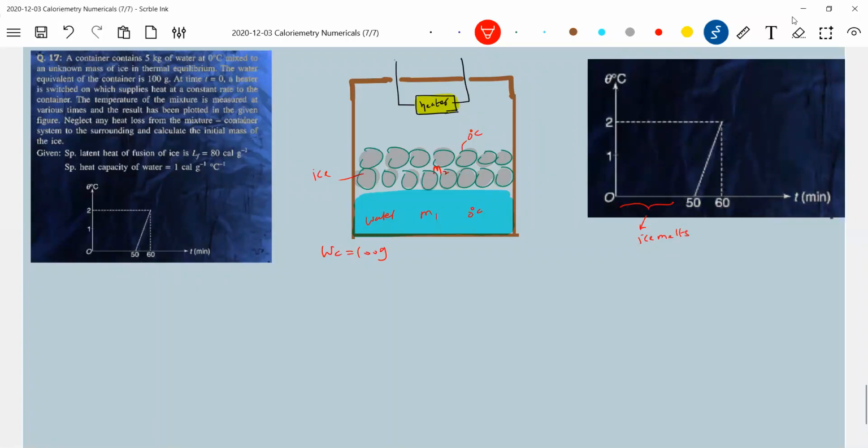We don't know how much mass of ice, that is what I'm writing as M2. That is what we have to calculate. The temperature will remain 0 only. So what is the time taken? 50 degrees Celsius. Okay, how to bring this idea into the picture now?